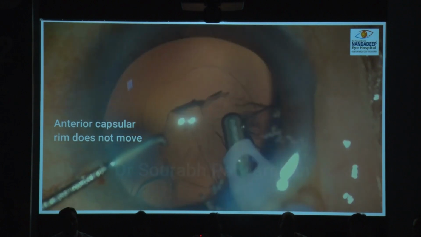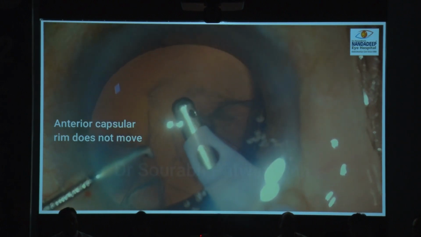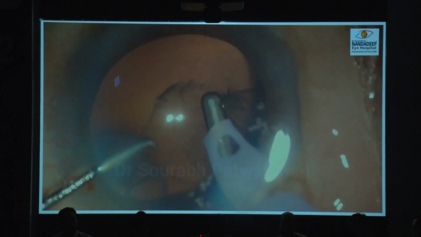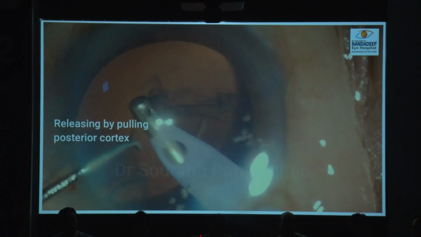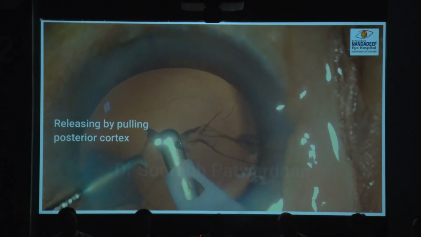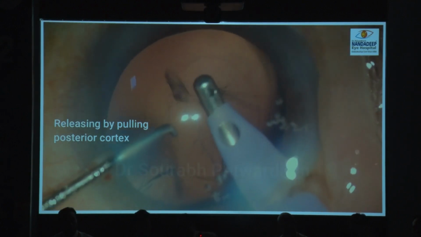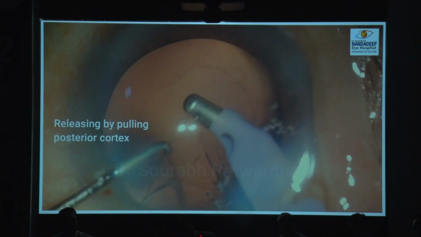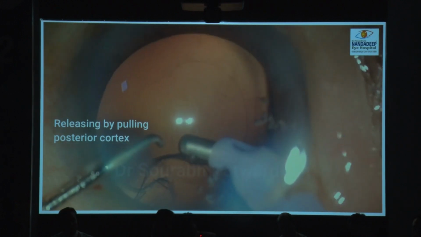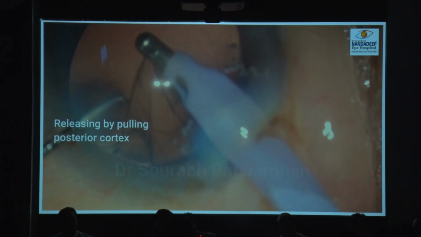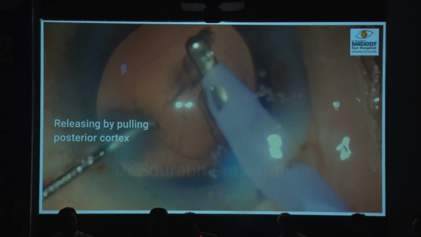Again, just demonstrating that the anterior capsular rim does not move, so the zonular weakness is restricted to posterior zonules. You can also release the cortex carefully by holding the posterior part of the cortex and release it slowly from the posterior capsule.